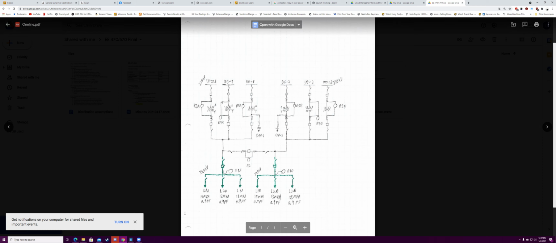So basically this is what we have for the DG sources, the generation. The first one is the wind power from UB.